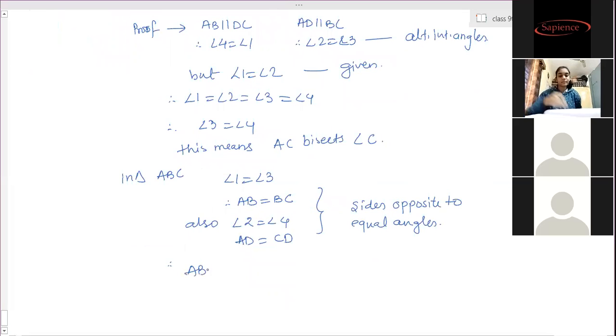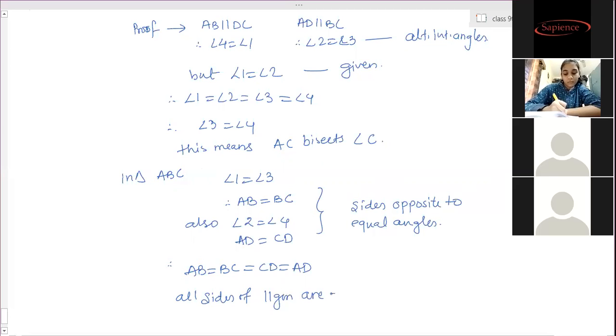Therefore, AB is equal to BC is equal to CD is equal to AD. All sides of the parallelogram are equal. Therefore, ABCD is a rhombus.